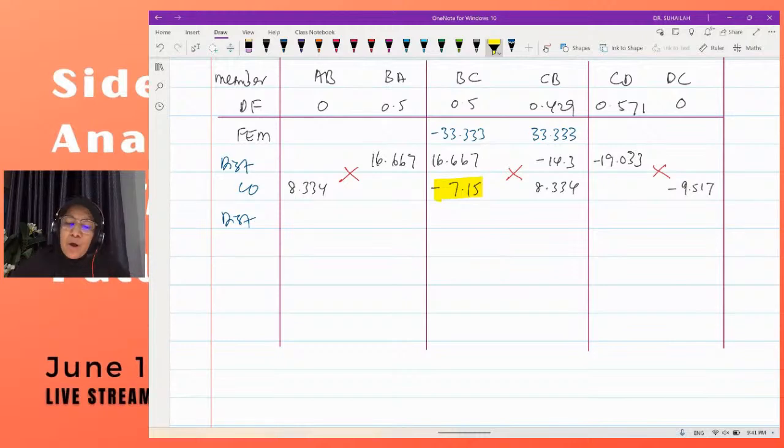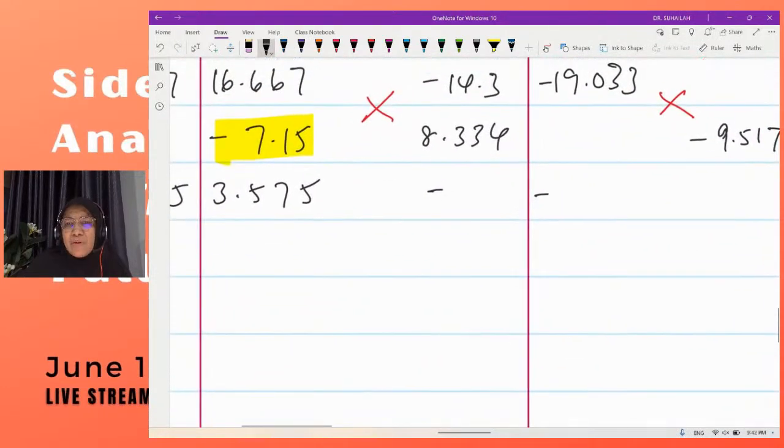It is positive 3.575. Next, 8.334, negative.